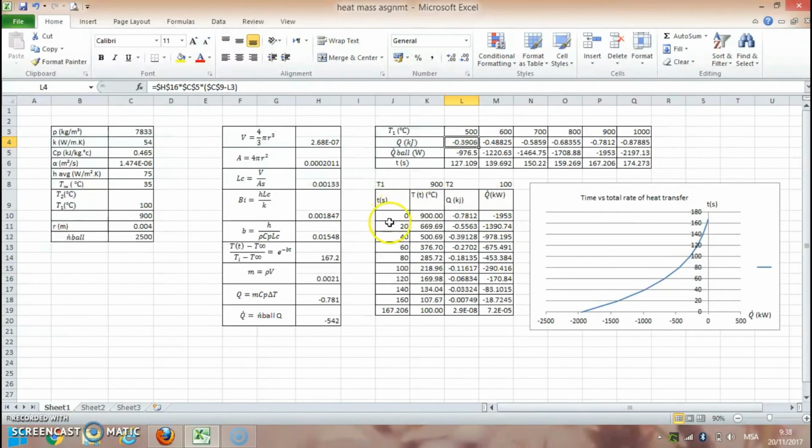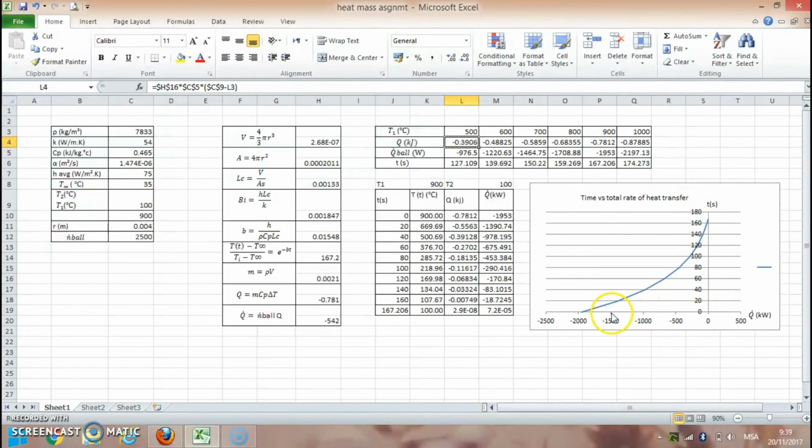When the time increases, the temperature of the ball slowly cools down, and the Q value we get also varies from time to time. After getting all of the values, we plot them into a graph which looks like this.